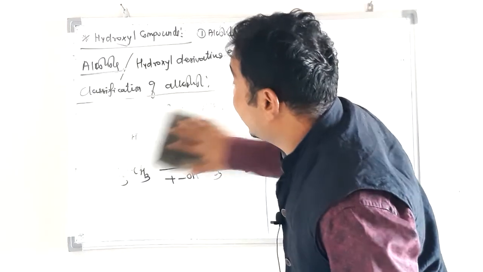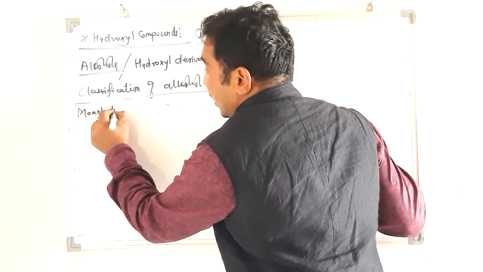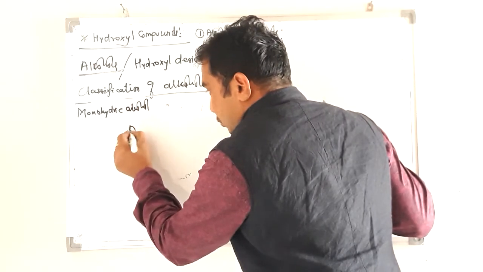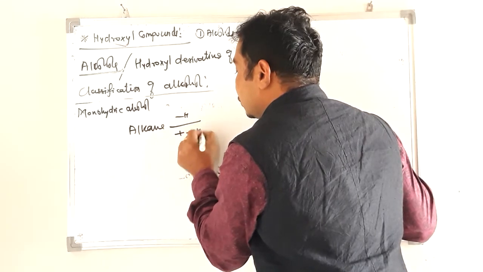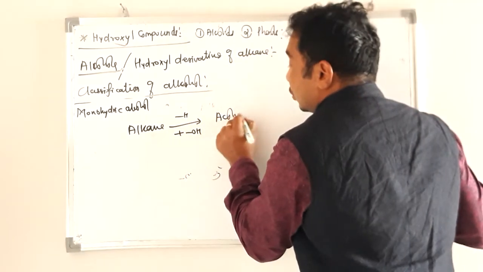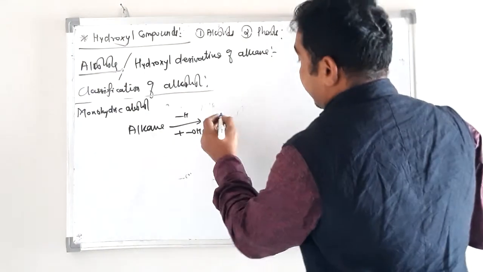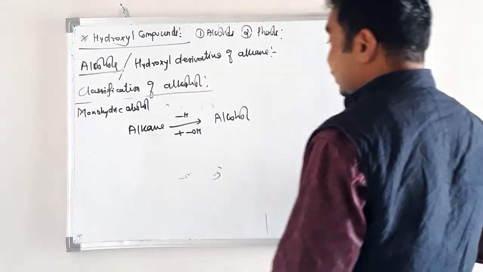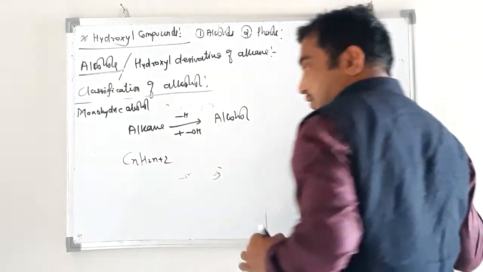As we know, alkane is represented by monohydric alcohol. First is monohydric alcohol. What we have to do? From alkane, replace one hydrogen, attach one OH group, then we get monohydric alcohol. CnH2n+2, that is alkane.